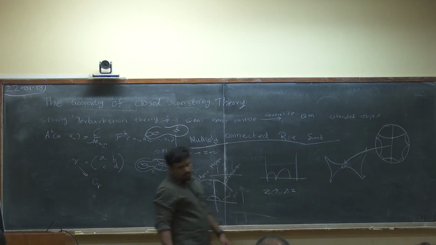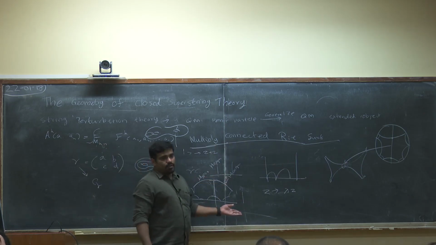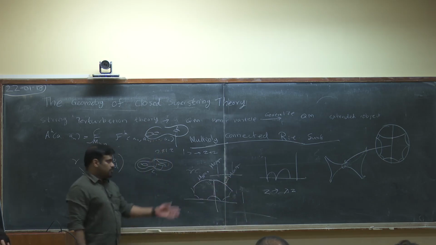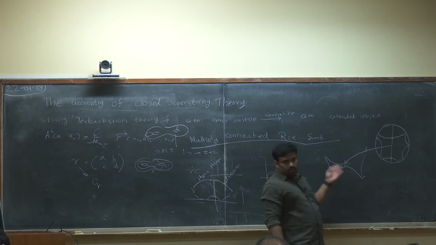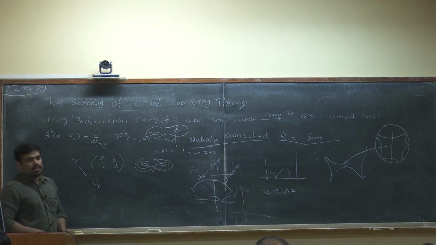If I choose another gamma, this geodesic will not get identified. Some other geodesic on the upper half plane will again be a geodesic, which becomes another geodesic on the Riemann surface. So each geodesic will be associated to a single element in the Fuchsian group.